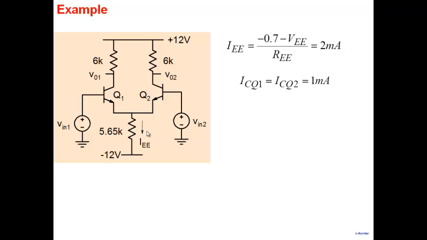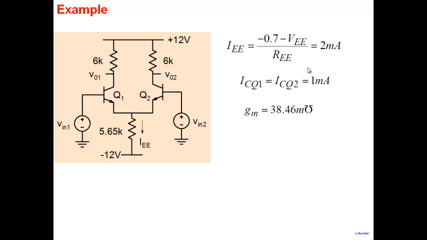And then once you know IEE, it divides equally between these two. So we get ICQ1 and ICQ2, which are half of this, which is 1 milliampere. So you get the values here. And of course, if you have 1 milliampere here, then you know that the drop here is 6 volt. Therefore, the quiescent voltage of this point is 12 minus 6, which is 6 volt here, and similarly 6 volt here.